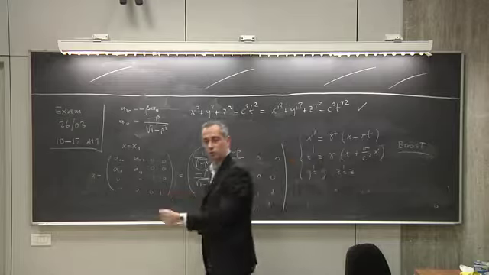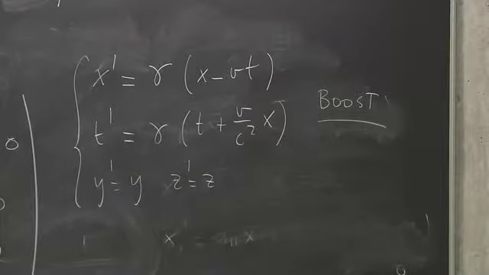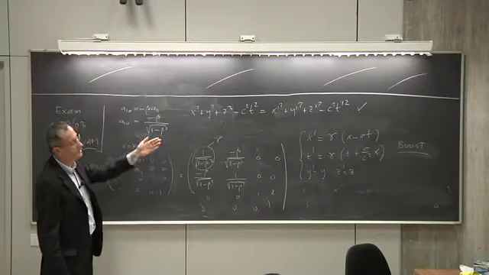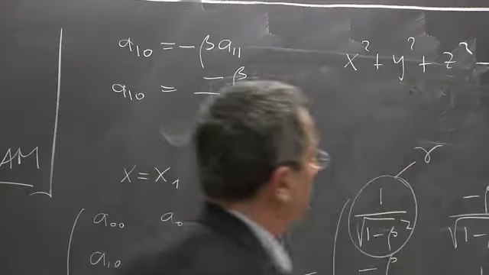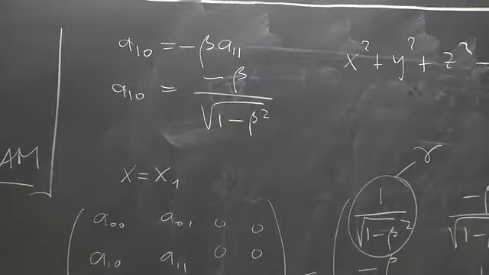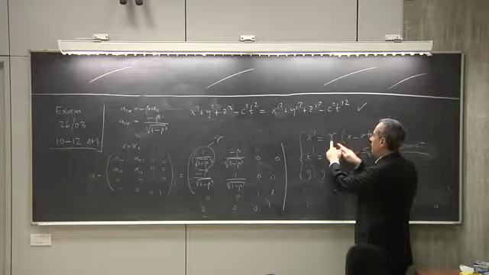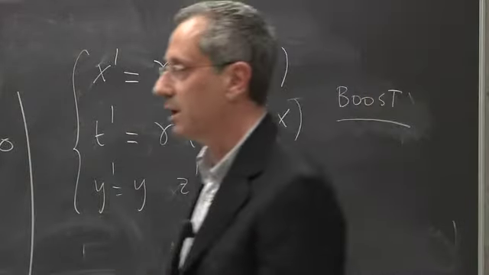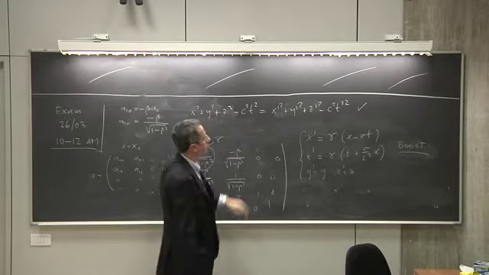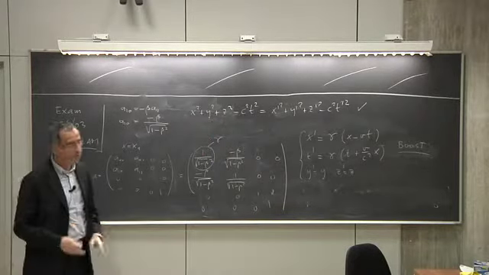It's a boost to go to a new frame of reference that is moving with velocity v, or beta in units of c. And you see the particular fact is that this looks like the Galilean transformation, except for this boost factor gamma that somehow popped in because of this requirement of leaving this wave unchanged.